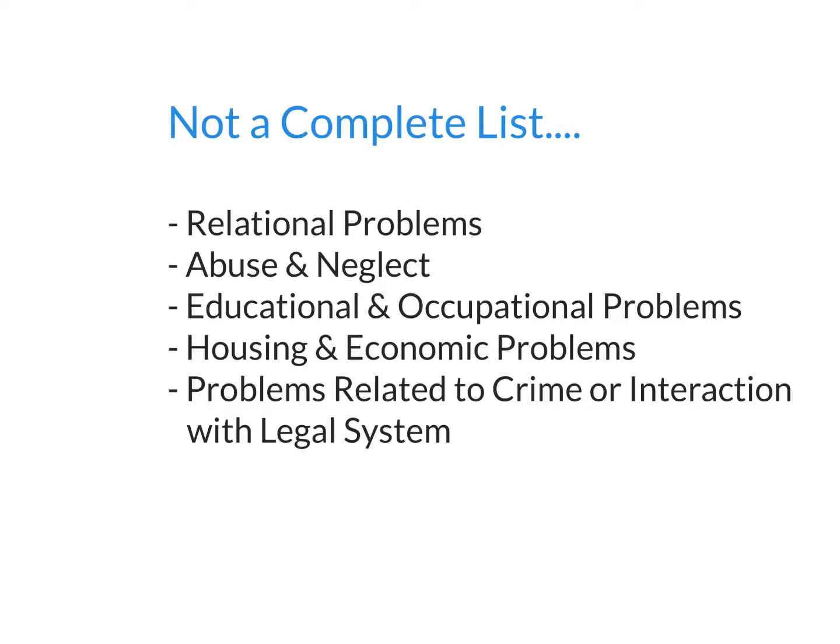The first axis was your type 1 diagnosis. It was your typical diagnosis: depression, anxiety, schizophrenia, whatever you were addressing. That was axis 1. Axis 2 had to do with personality disorders or intellectual disabilities.